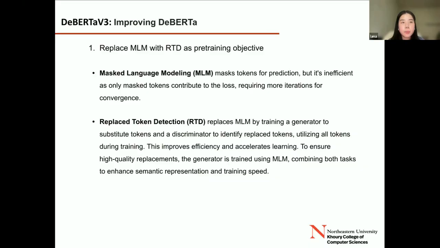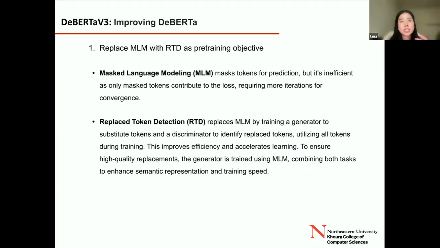So unlike MLM, RTD allows learning from all tokens, improving efficiency and training speed, especially when data is limited. However, we still need masked language modeling to train the generator for high quality replacement.